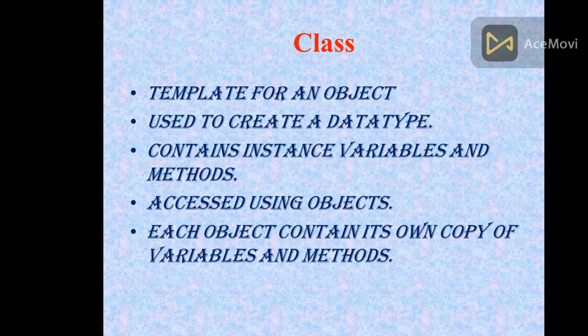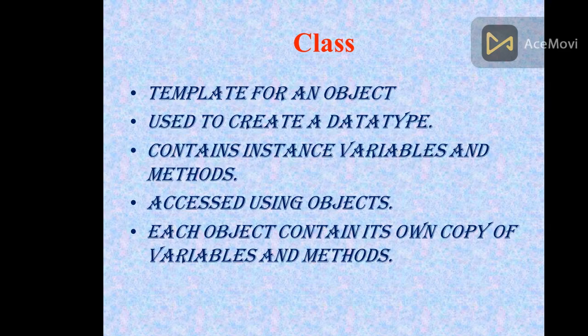In Java, once we create a class, we can use that class as a new data type. A class contains a set of variables and methods which are associated with the object.